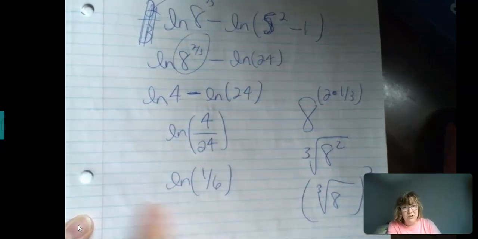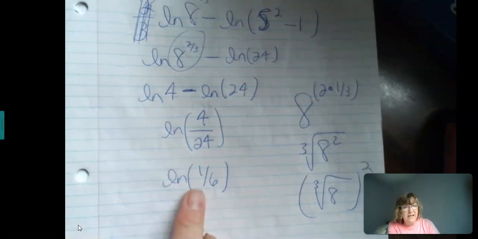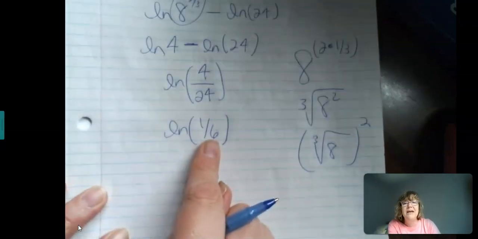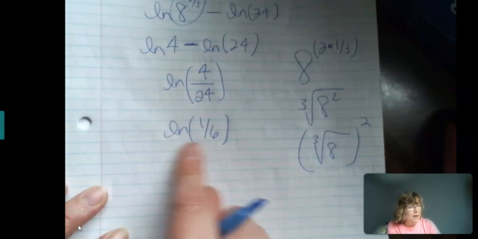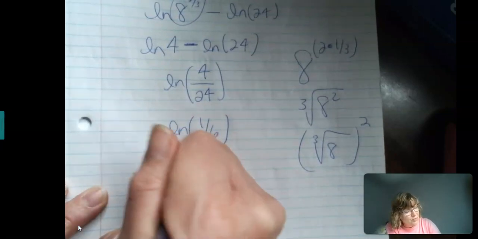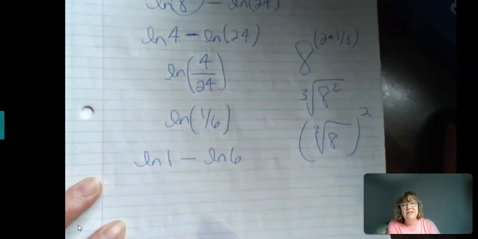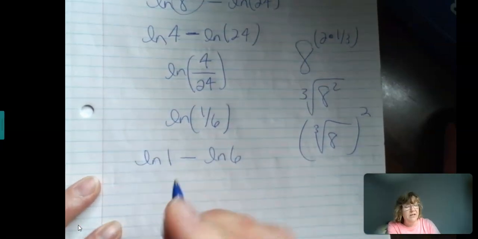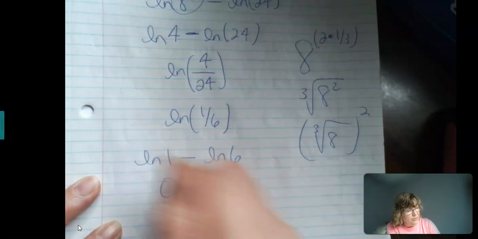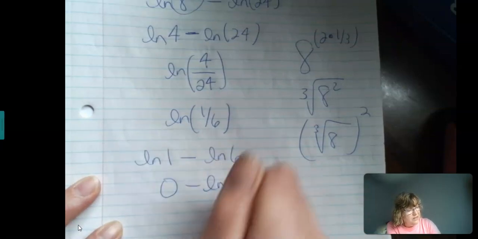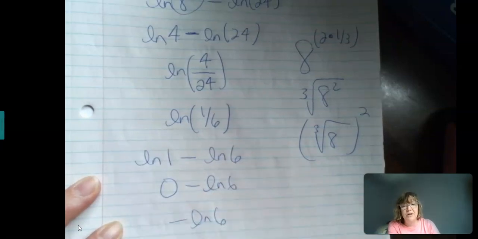If Newton or MyMathLab or whatever you're using likes that, you could do that. Probably, it's kind of bizarre, I know, but it probably wants you to go back and say, well, write that as it's division, so let's write it as subtraction. And the reason is this: the natural log of 1 is always going to be 0. So negative ln of 6 is probably a prettier answer.